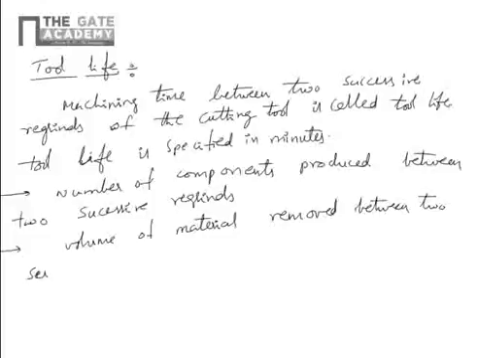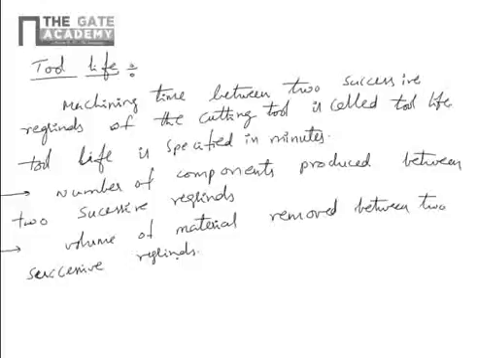So these are different ways of explaining. If you look at the three definitions, the common thing is between two successive regrinds. I bought one tool and used it for some time, and it became blunt, and I again went for regrinding to sharpen the tool.